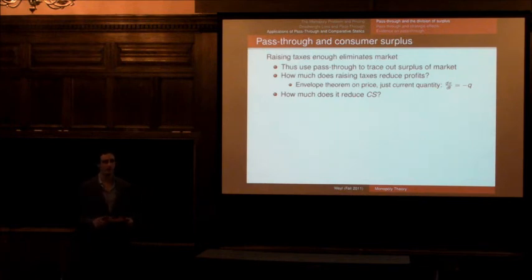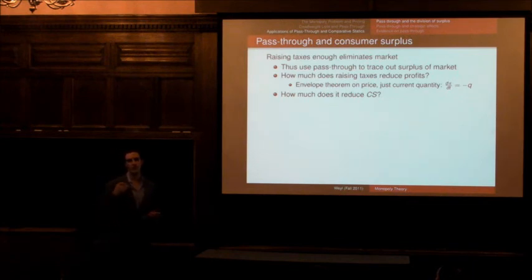When the price of a good rises by $1, how much does consumer surplus fall by? It falls by the quantity, right? If the price rises by $1, the consumer surplus has to fall by the quantity, because by the envelope theorem, we can assume that the consumer keeps her purchases constant as the price rises, right?